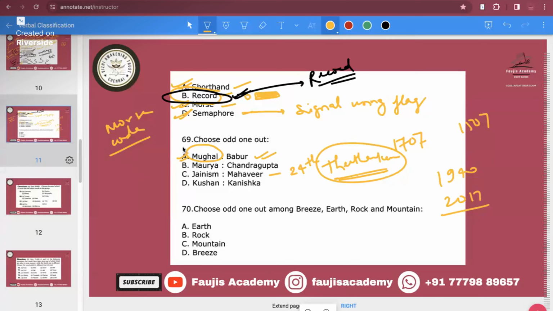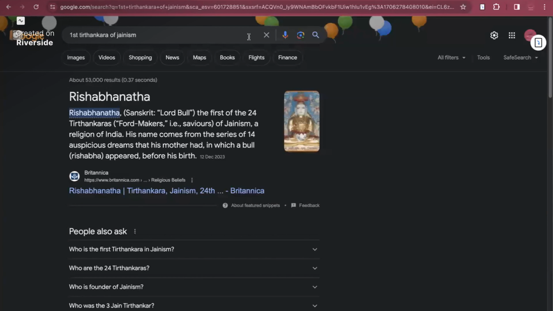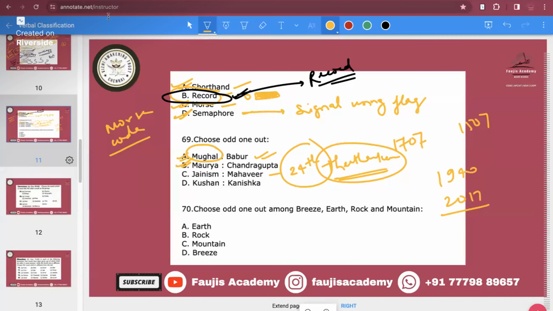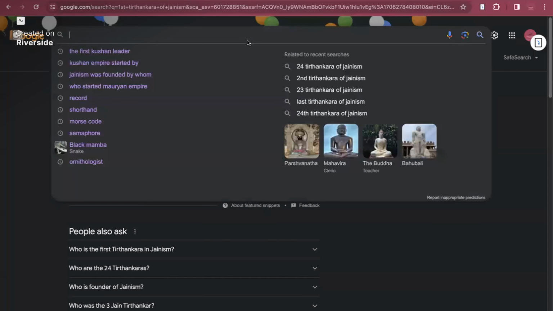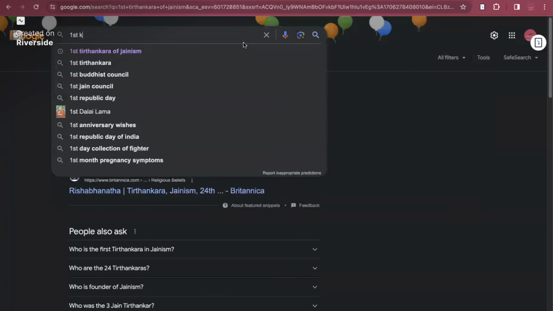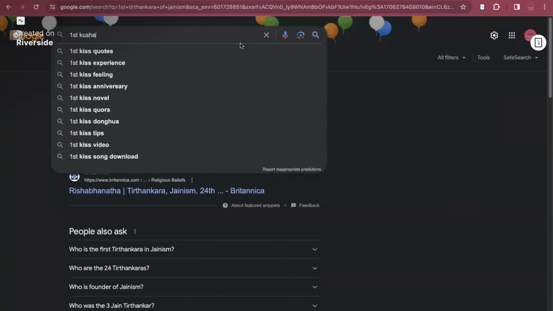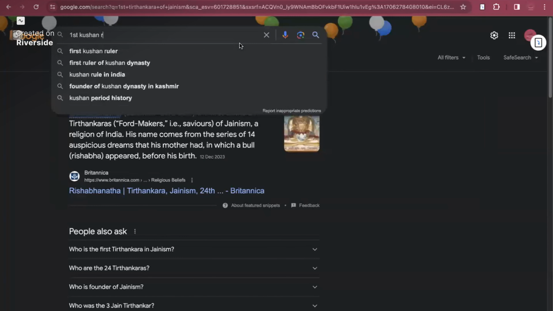So yeah, Mauryan dynasty was started by Chandragupta Maurya. Mughal dynasty was started by Babur. These two are okay. And Jainism, it's the 24th Tirthankar, no? First Rishabhanath. Okay, Rishabhanath. 24th Tirthankar. First Kushan ruler.